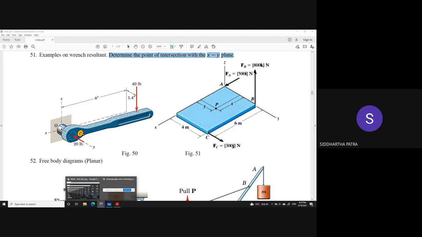The perpendicular part of it should be 0. So when you get the resultant moment and resultant force about point P, the perpendicular part of the resultant moment should be 0, and that way you know the coordinates of point P.